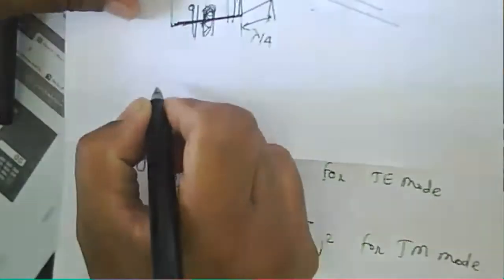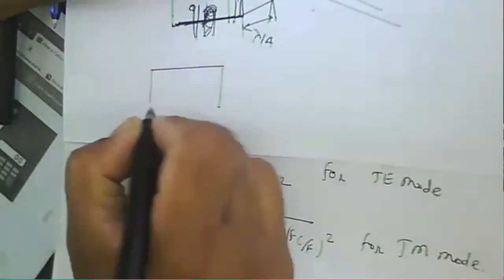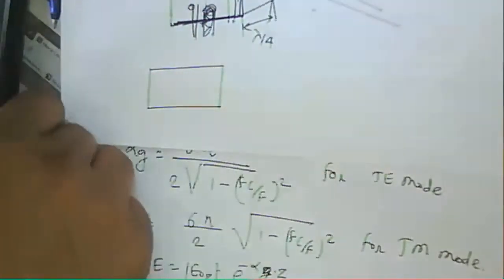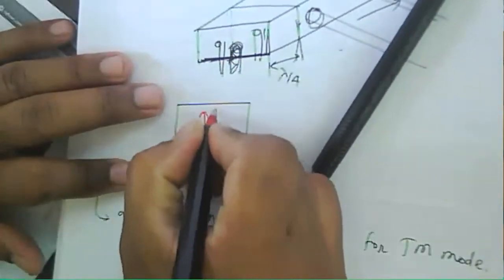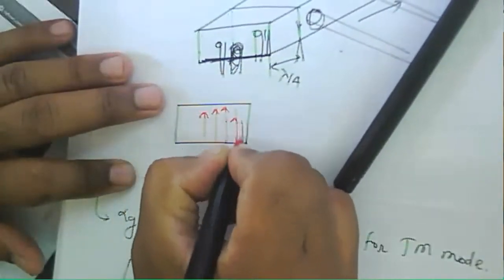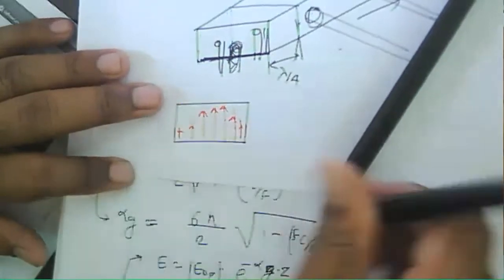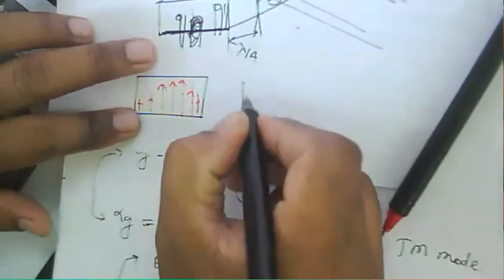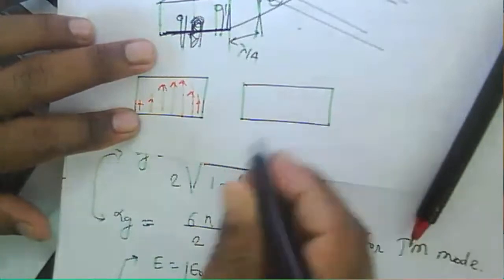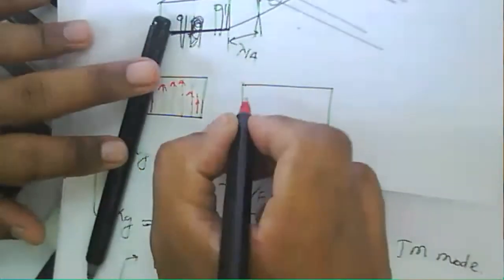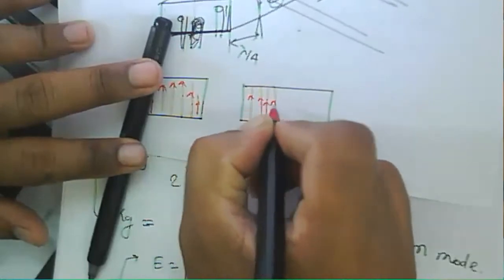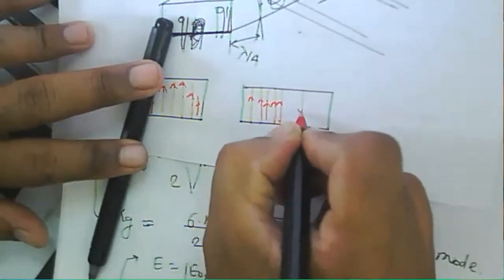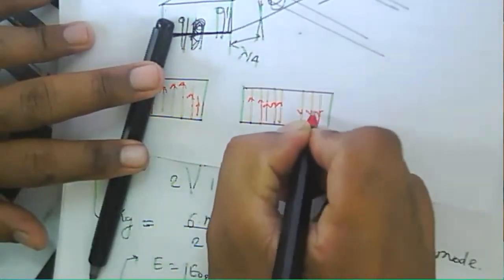Already we have seen that for a TE10 mode, this is about the electrical component. For the same rectangular side, if I draw likewise here, this is about a change in direction.